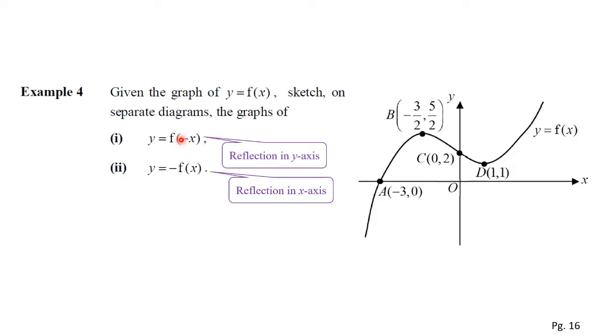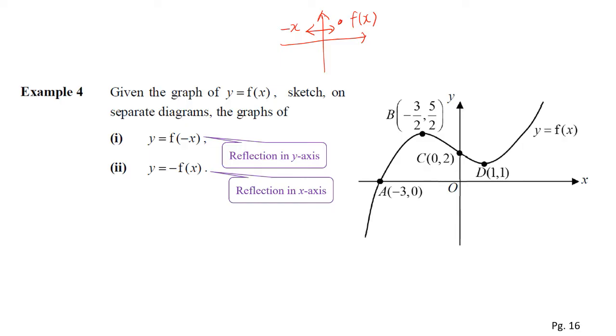Whereas this f of negative x is one area where many students usually get confused, because we are reflecting about the y-axis. Every time I see these two side by side, or anytime I see a negative x and I know I'm doing a reflection, I visualize the Cartesian plane. I think about this like f(x), and since I need f of negative x, I think of it as my negative x appearing over here.